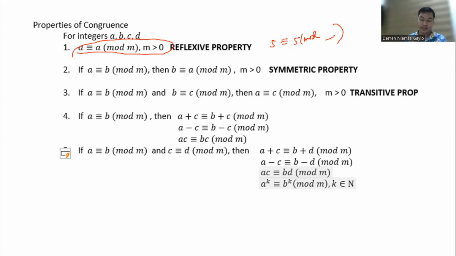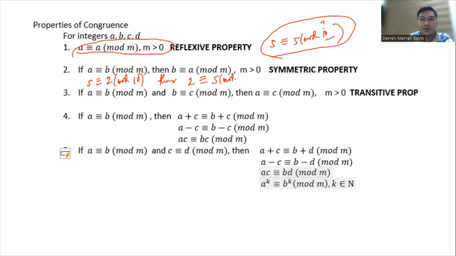Another is, if A is congruent to B modulo M, then B is congruent to A modulo M, where M is greater than 0. For example, let's use modulo 10, just a sample run. If you have 5 is congruent to 2 modulo 10, then you can have 2 congruent to 5 modulo 10, something like that.